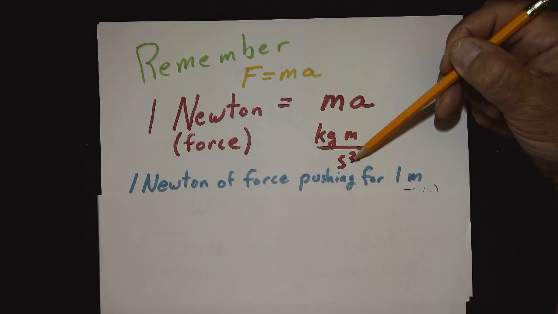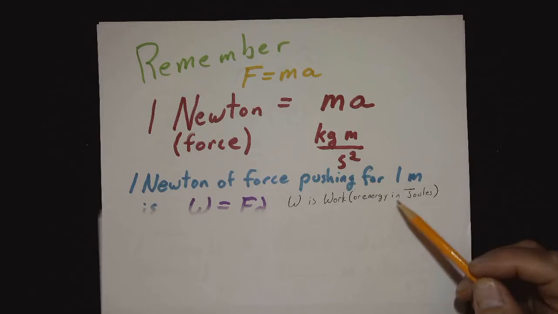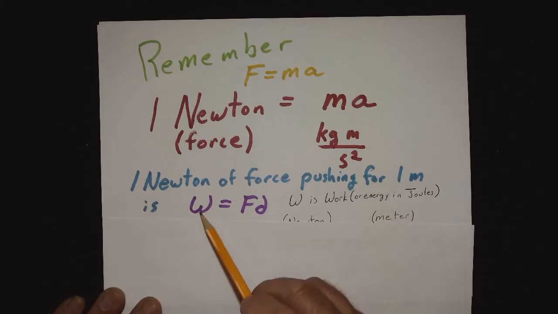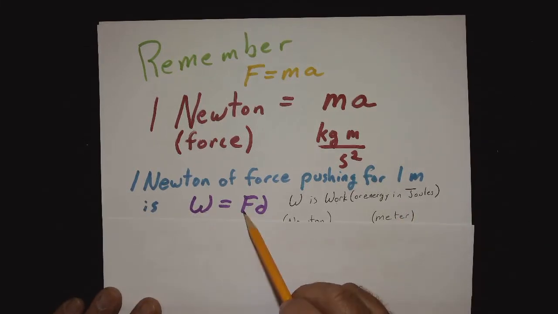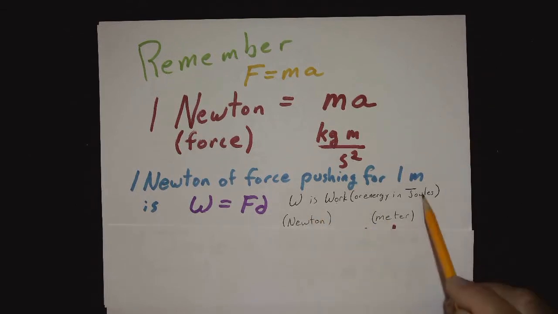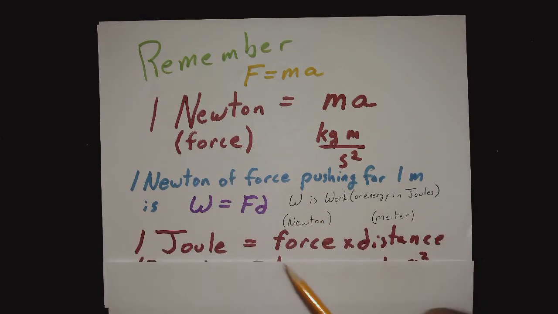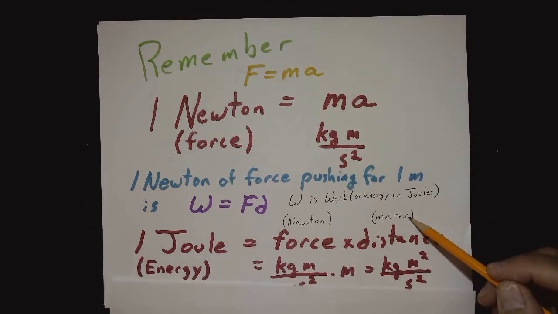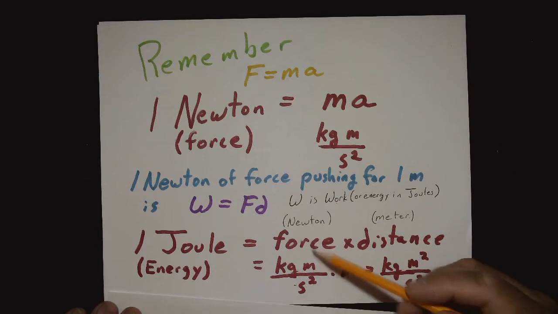If we take 1 Newton of force pushing for 1 meter, that's going to be the work or energy, force times the distance. So the W is work or energy in joules. 1 joule is force times distance. Force measured in newtons, distance measured in meters. The joule is energy. And look at how it comes out.